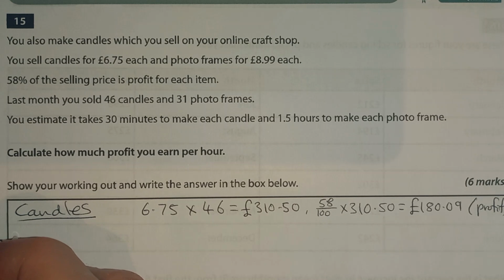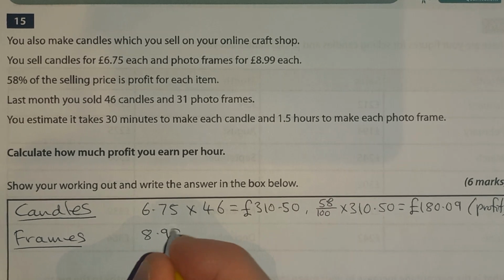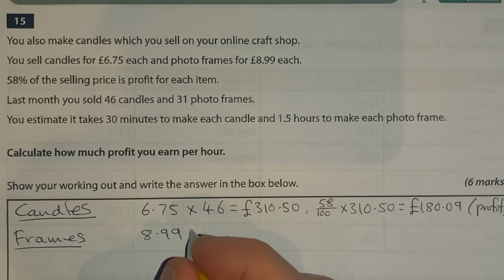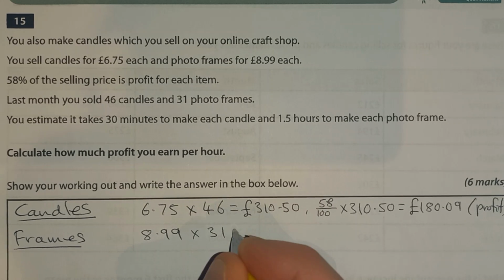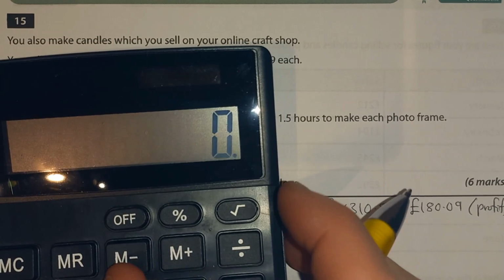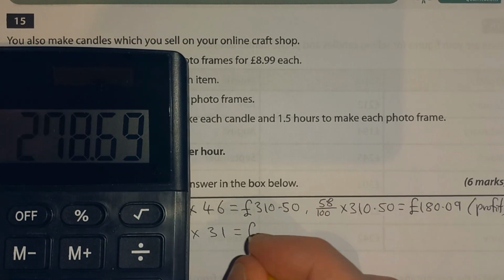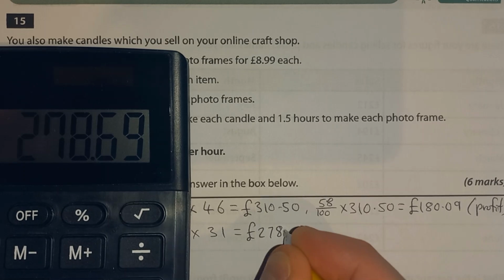Now photo frames. They were £8.99 each, and we sold 31 of them. Which is £278.69.